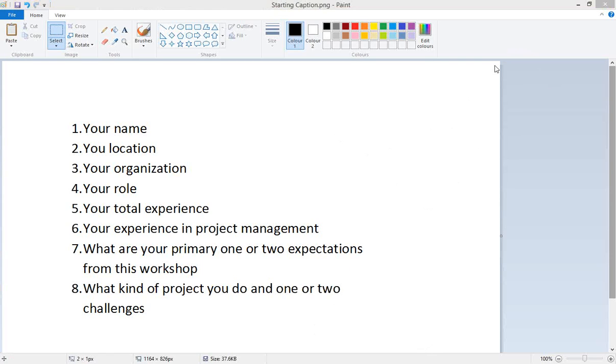Another thing is that I have certain doubts or clarifications on project management, and I want more clarity on the things I face in general while doing project management. So maybe those doubts will get cleared through this workshop. That is my expectation.